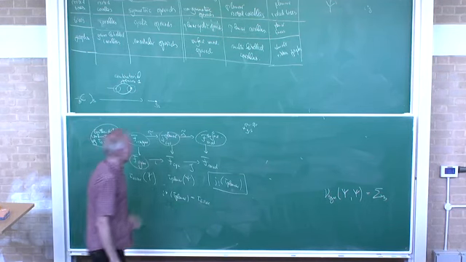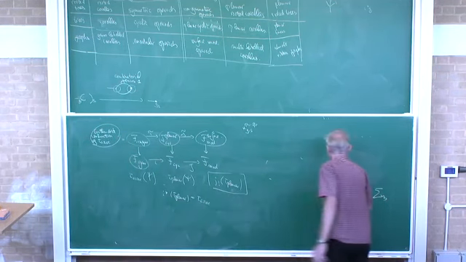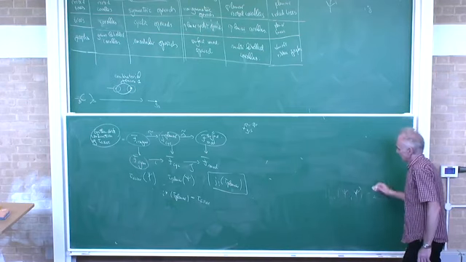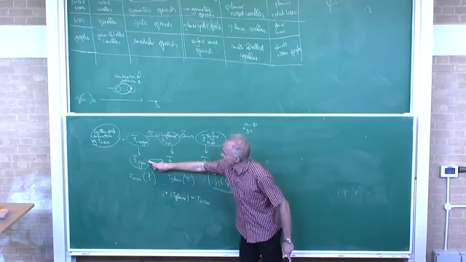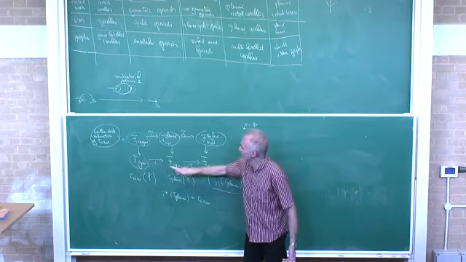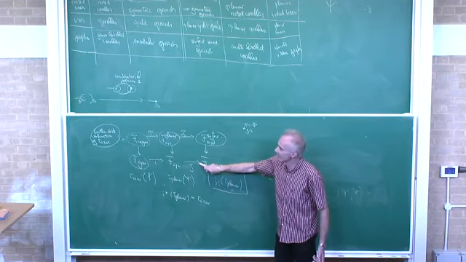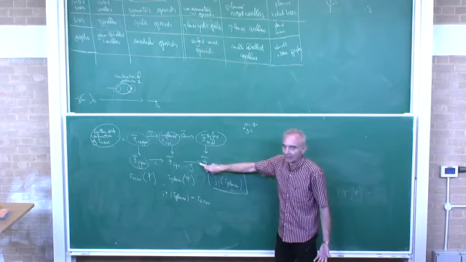Now, what about the modular? So the left-hand extension here is called the cyclic envelope, and the left-hand extension here is called the modular envelope.